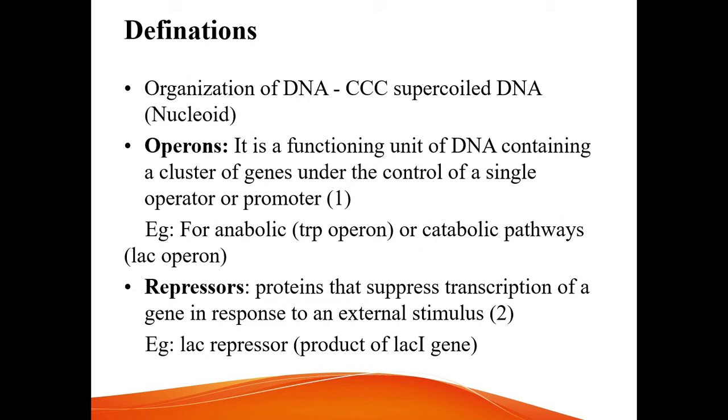Now, the function of an operon is to repress the functioning of genes which are not required at a particular time. Very simple. The example given here is for anabolic pathways: for production of the amino acid tryptophan, there is a trp operon involved in production of tryptophan.